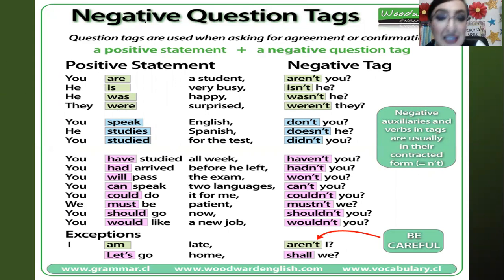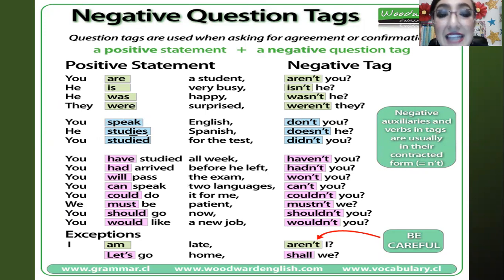You speak English. Don't you? Remember that if I want to create a question with you speak English, it has to be, do you speak English? Well, I don't want a long question. I need a question tag. In this case, you speak English, don't you? Don't, because that is the auxiliary verb that we have in present simple.